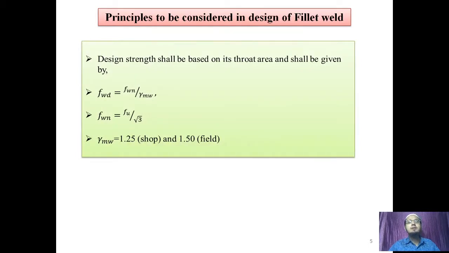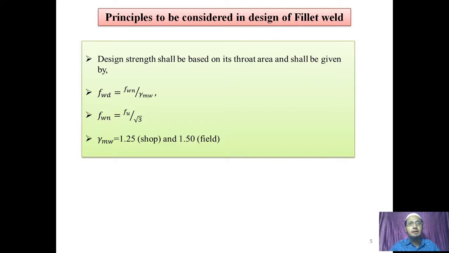Now what are the principles to be considered in design of fillet weld? What should we consider? Yes, we have to first calculate the design strength of the weld. What is meant by design strength?